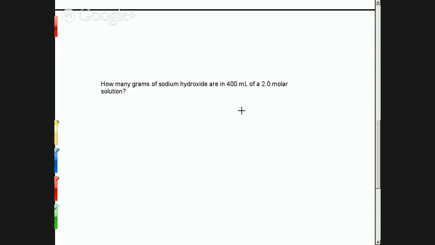Let's turn that around and say, how many grams of sodium hydroxide are in 400 milliliters of a 2.0 molar solution. So a different problem.